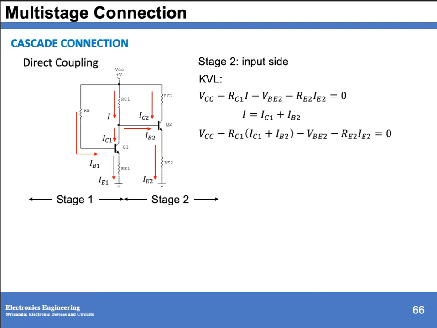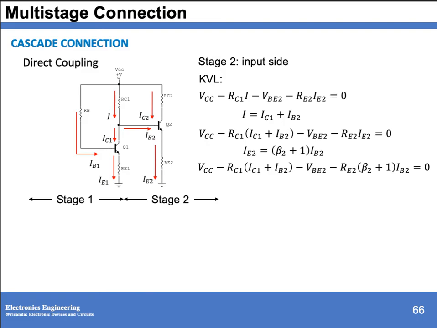You have to substitute that to your I, and we know already the value of your IC1, so we have to determine the value of your IB2 and IE2. But we have to express IE2 in terms of IB2, so we have beta 2 plus 1 IB2. Substituting that to your equation, we have this equation. Now we can solve for your IB2.